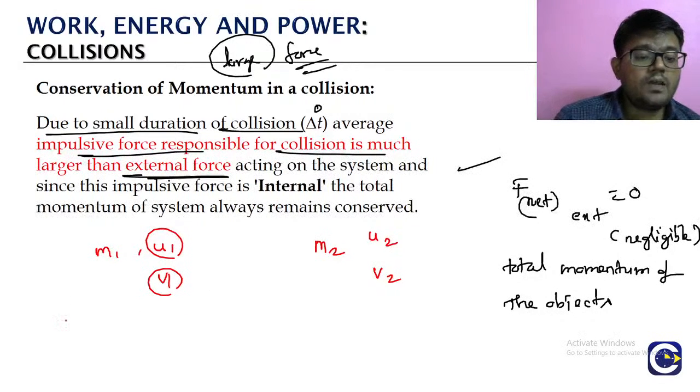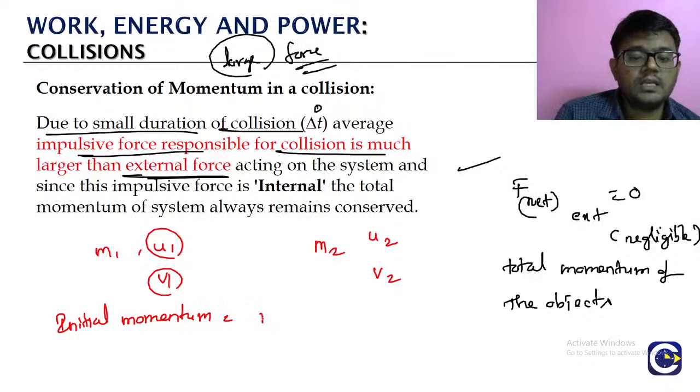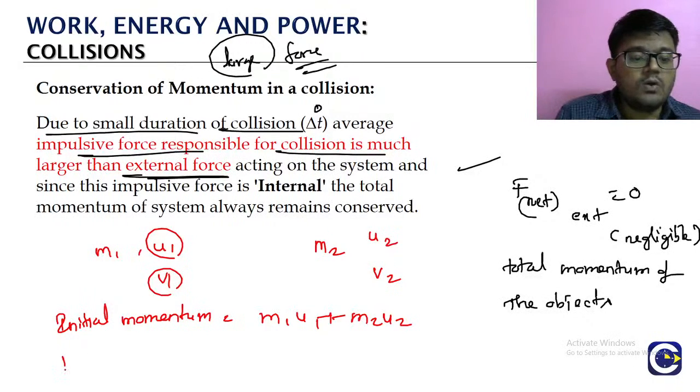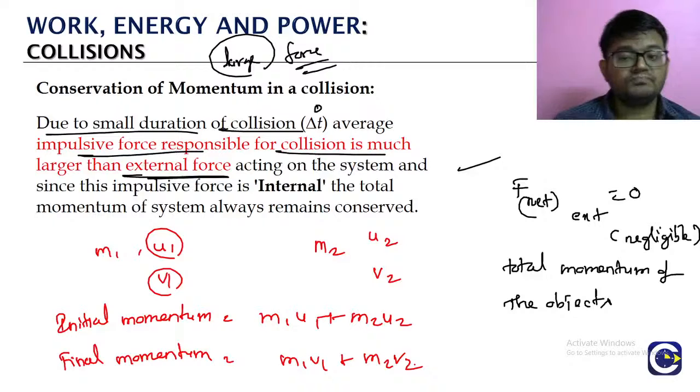So what is the initial momentum of the system? m1 u1 plus m2 u2. If there are three objects, plus m3 u3. What is the final momentum? m1 v1 plus m2 v2.